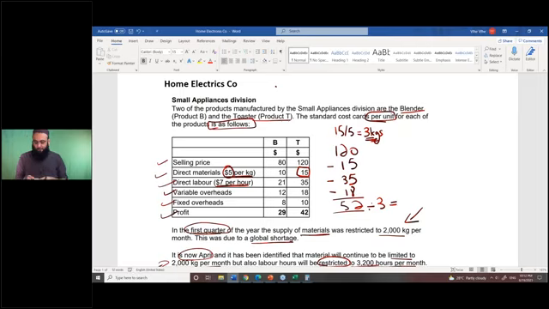Let's see what figure I'm getting here. 52 divided by 3 is giving me an answer of 17.3333. So it's 17.33. Keep it here. 17.33, right?